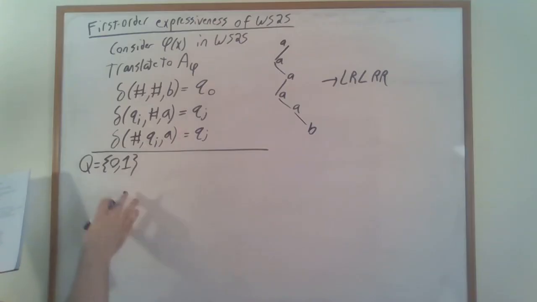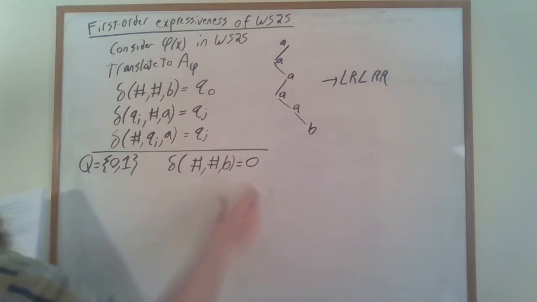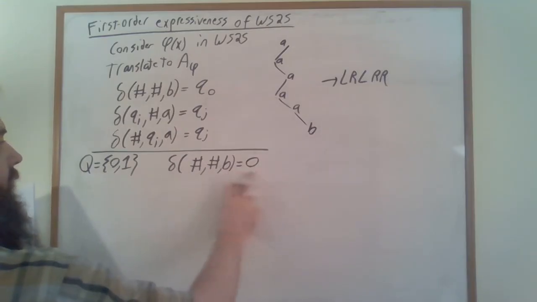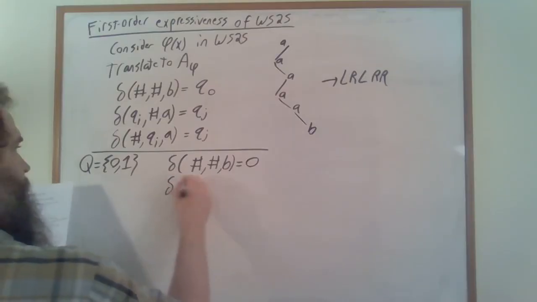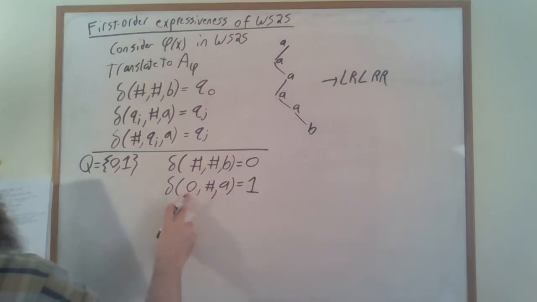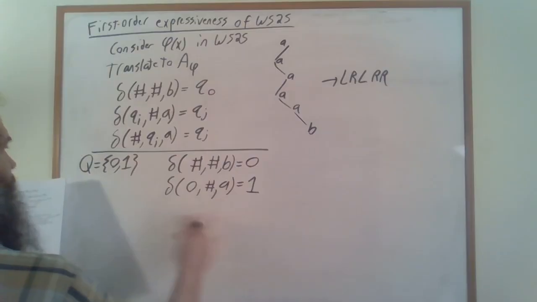Let's say the set of states is just 0 and 1. And let's say that when we read a B at a leaf, we associate state 0 to it. If we have a node labeled A that has a left child with state 0 and no right child, we give it state 1.